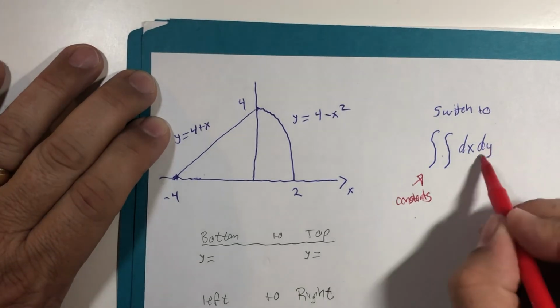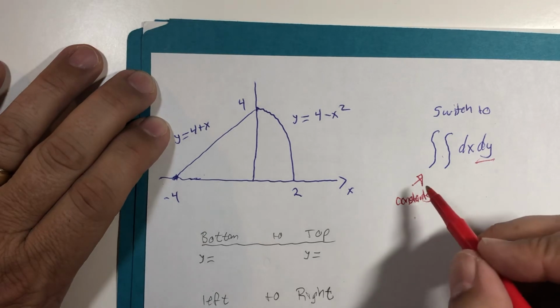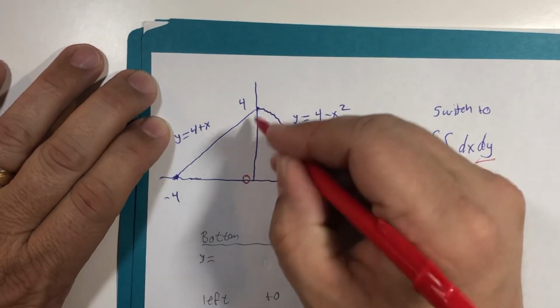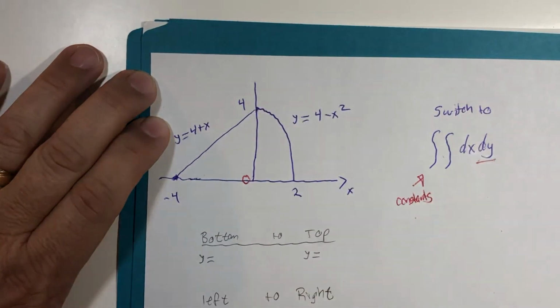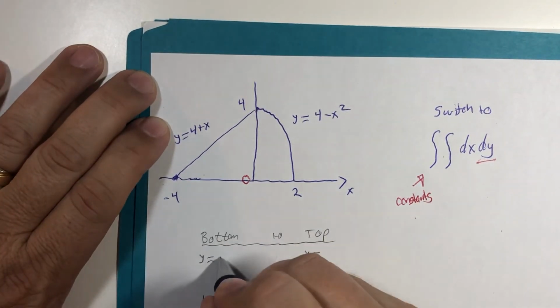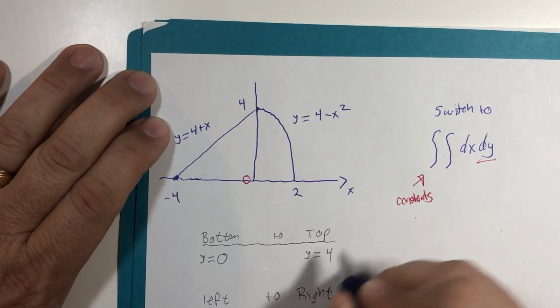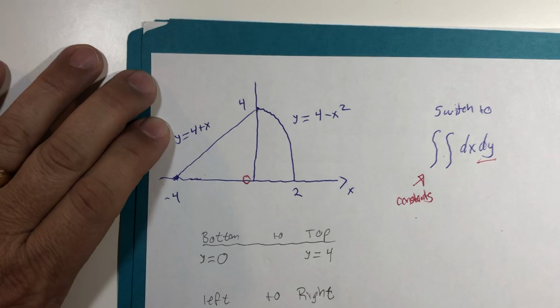I need my y boundaries to be constants. The y value goes from 0 to 4. That's the bottom to the top. I'll write it in. I've got a pencil. I can erase. Now, let's look at it from left to right.